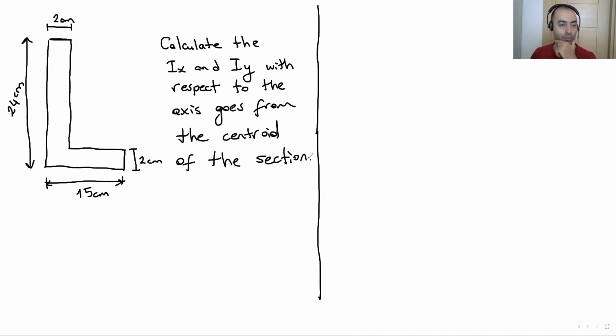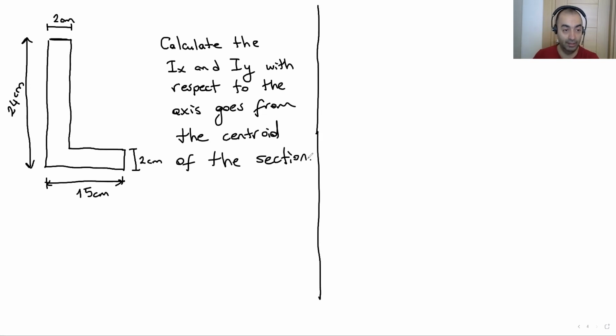Okay, what we have, we can split this section into two pieces, basically. We have L-shaped section, so we can split it into simple sections. What are they? They are rectangles. Okay, they are rectangles here.